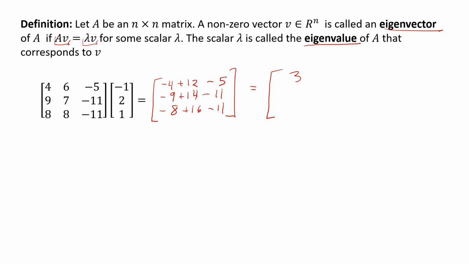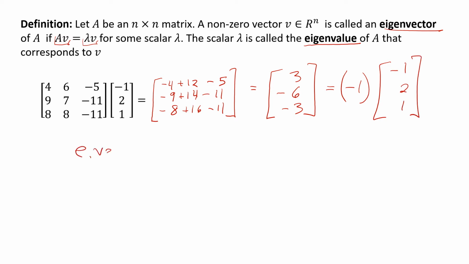That's 3, -9 so -6. This is 8 minus 11, -3. So notice again, this is -1 times the vector we started with. So here we have an eigenvector (-1, 2, 1), and the associated eigenvalue is -1.